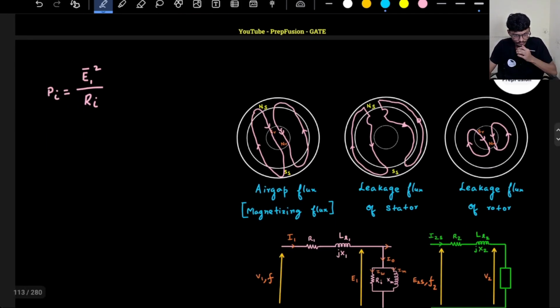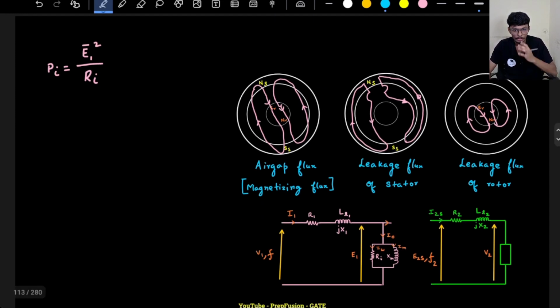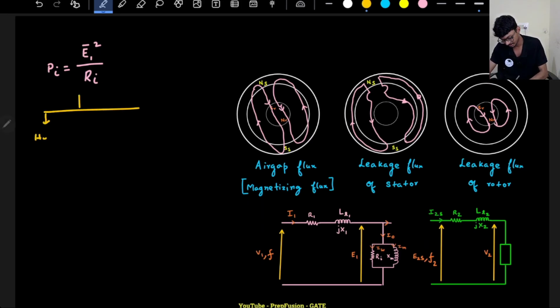Now what else can I find out? So what will iron losses include? Iron losses will include both the hysteresis loss. What does hysteresis loss depend on? It depends on Steinmetz's constant.